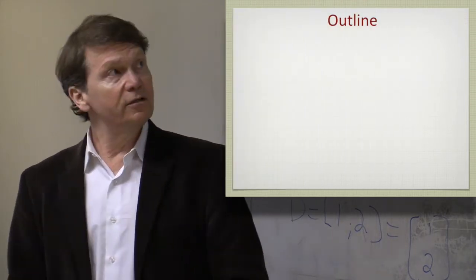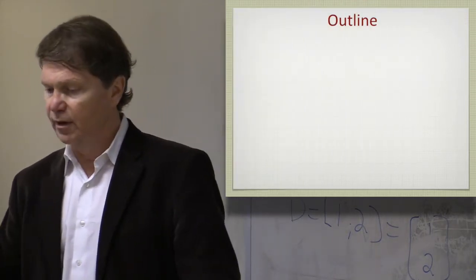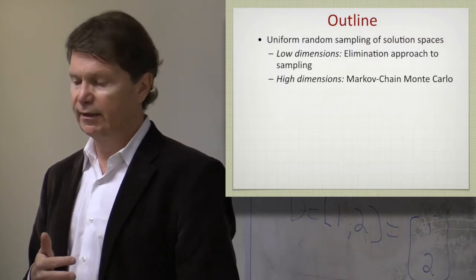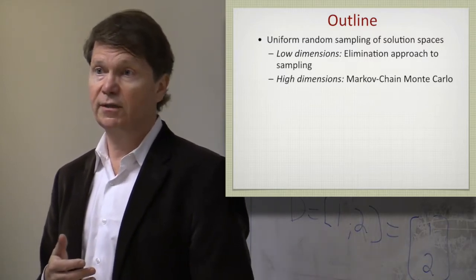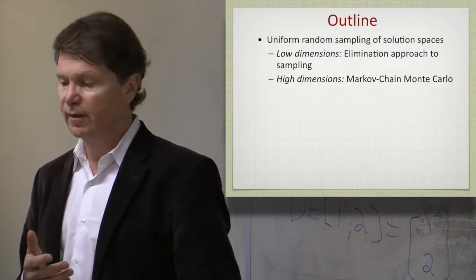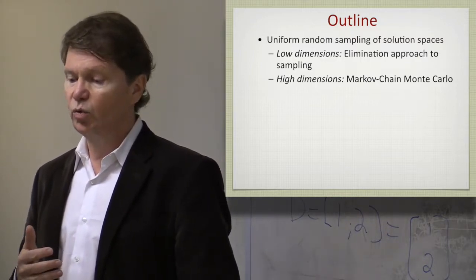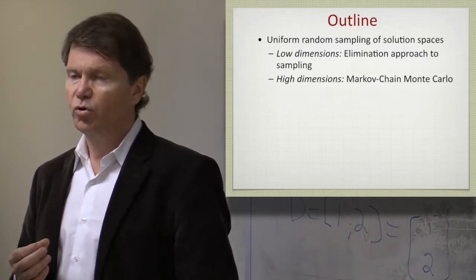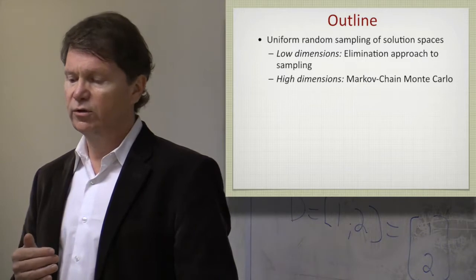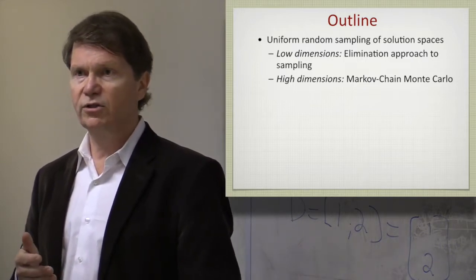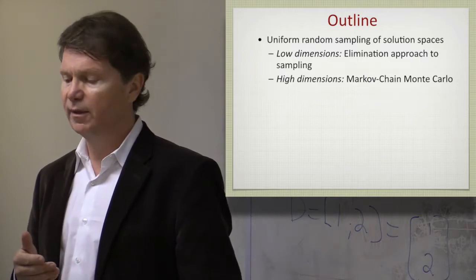So the outline here is very simple. We're going to talk about 2 different approaches to doing sampling. One is how you sample low dimensional spaces, so maybe 10, 12, even 15 dimensional spaces. And then there are methods to sample high-dimensional spaces. The approach for the low-dimensional spaces is a little easier to understand conceptually, so I'll talk about that a little bit.